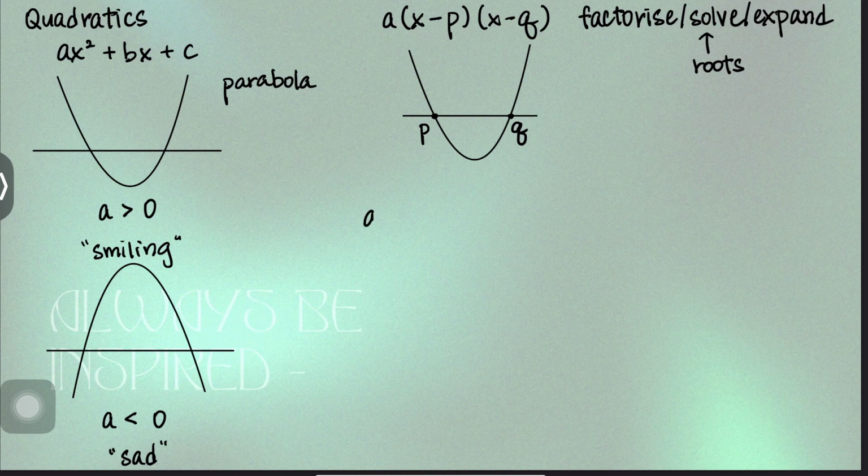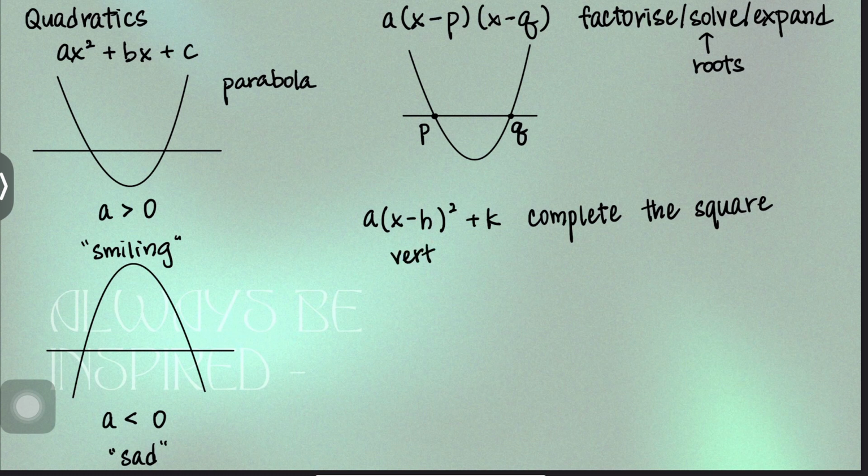The other form that they will give you is completing the square. You have your a bracket x minus h whole bracket squared plus k. They call this situation a complete the square situation. And for a situation like this, the thing that it tells you is the vertex.